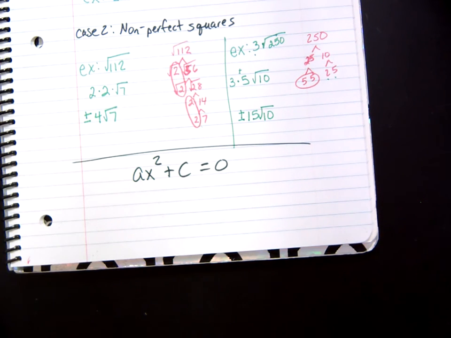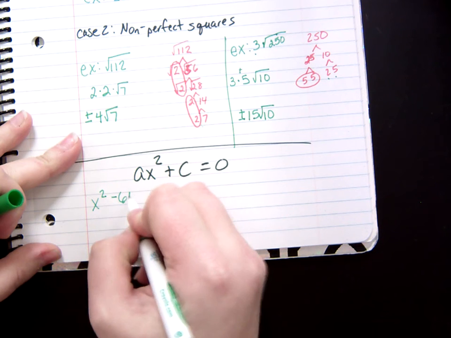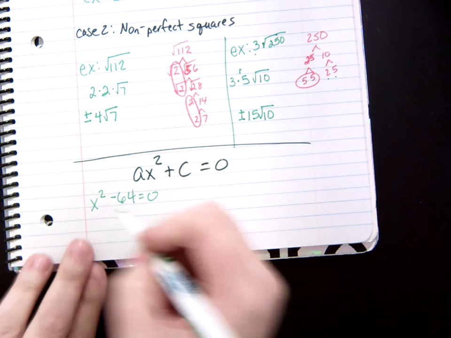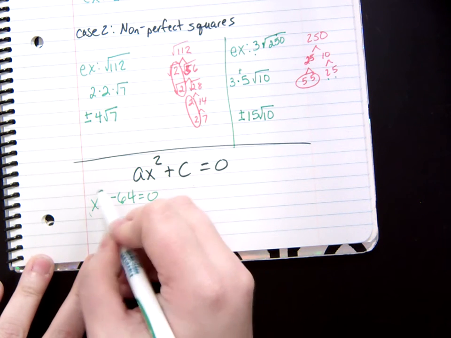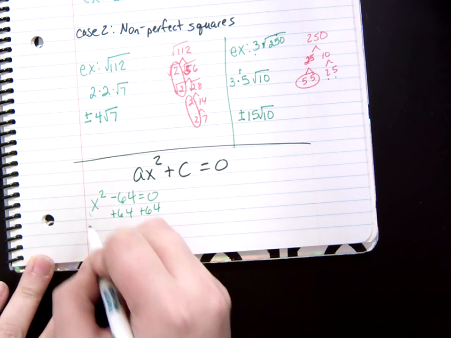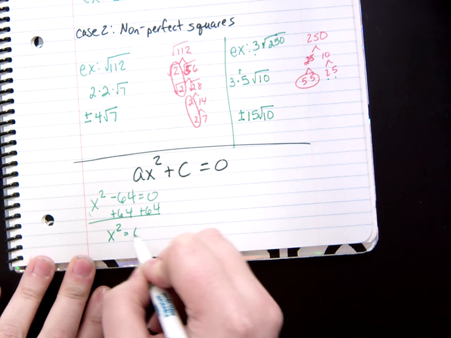So let's take a simple example. Let's take x squared minus 64 equals 0. You start by isolating your x squared, which means I'm going to add 64 to both sides. This gives me x squared is equal to 64.